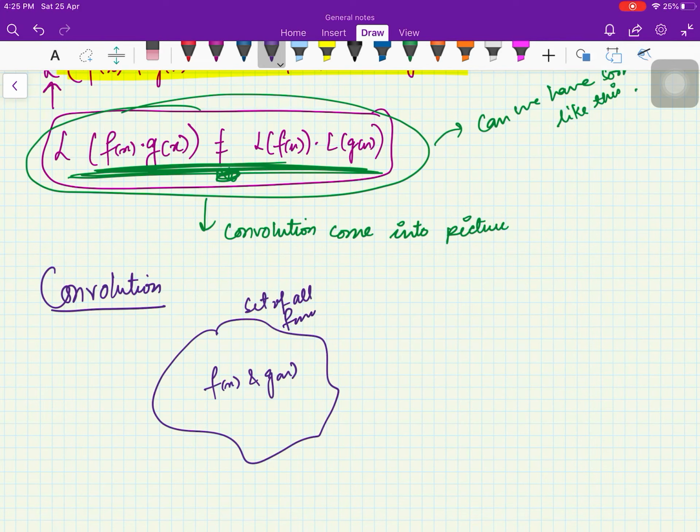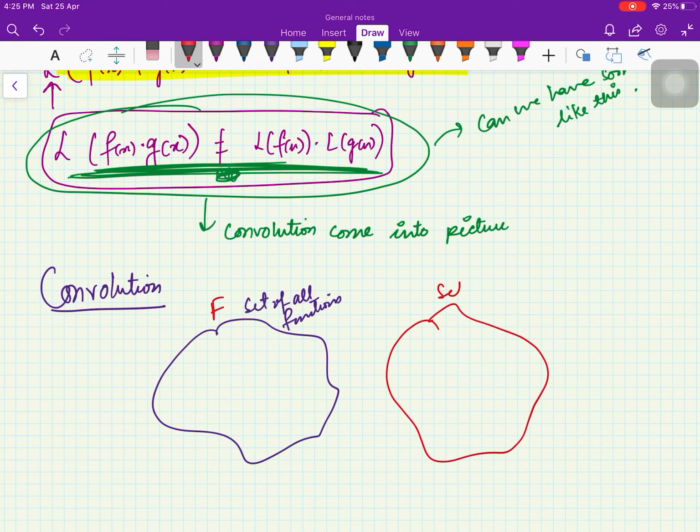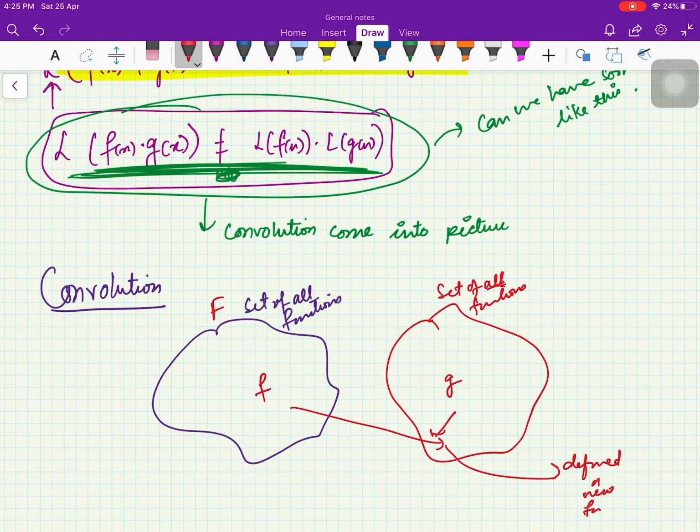This is the set of all functions, say F. You take another set of all functions, the same set. Now you take one function from here and one function from here, and then using these two functions you define a new function.